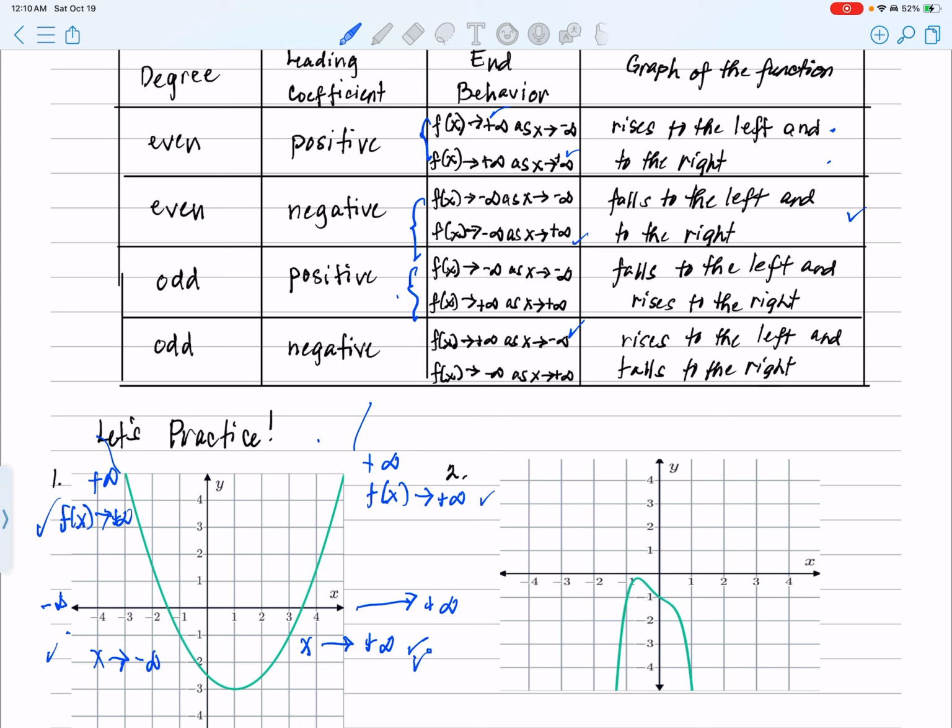So look at the graph of the function. Both rise up, rising to the left and to the right.